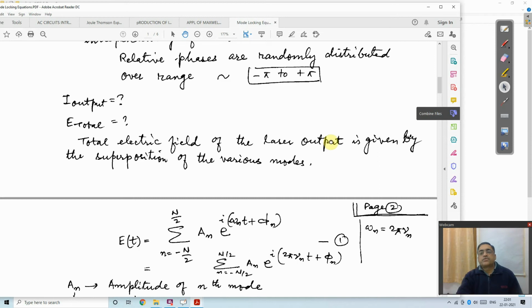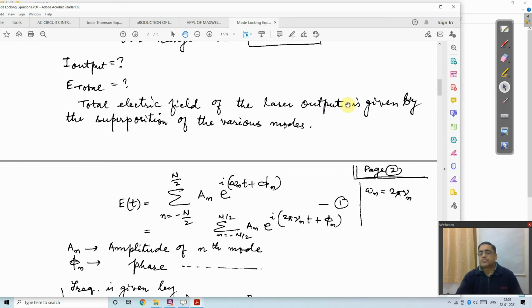The electric field of the laser output is given by the superposition of the various modes which take part in giving the output intensity. So very simply, the amplitude of the electric field can be written as an overall summation from n equal to minus N by 2 to plus N by 2.